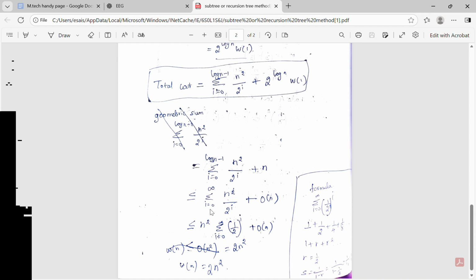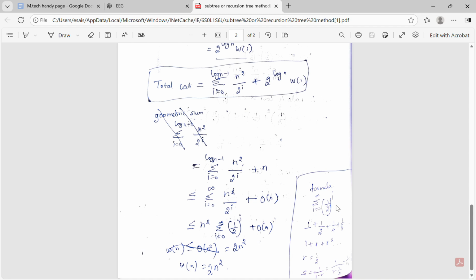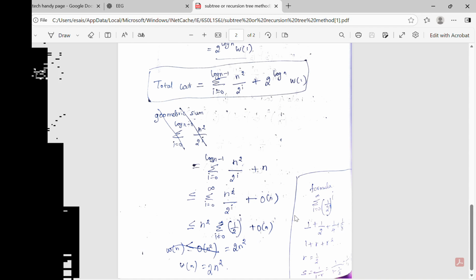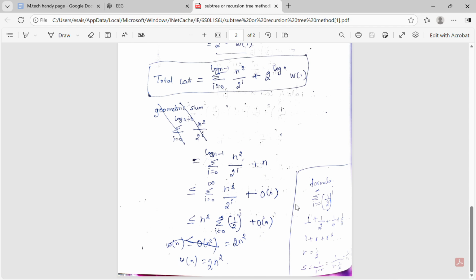So we are saying less than or equal, because for I equal to 0 to infinity we have a common formula. If we take n square common, 1 by 2 power I will be there. If we expand, I equal to 0 means 1, I equal to 1 means 1 by 2, I equal to 2 means 1 by 4. So the series is 1 plus r plus r squared, and here r is 1 by 2. For such a mathematical series, the sum is 1 by 1 minus r.